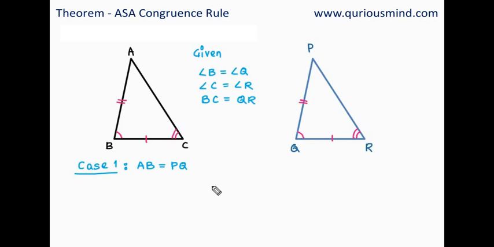If that is the case, then AB equal to PQ, that is the assumption. Angle B is equal to angle Q and BC is equal to QR. This is given.